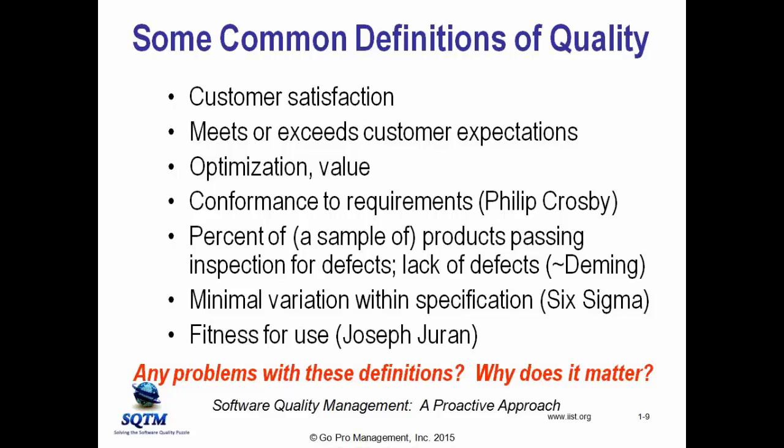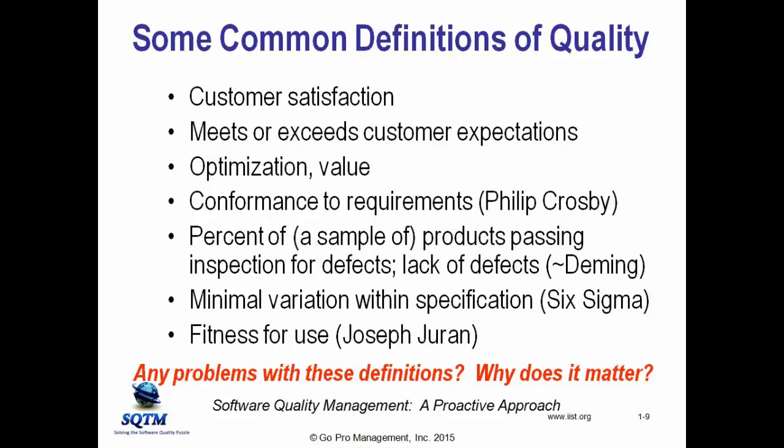So if the uses are not defined appropriately, if the definition of fitness for those uses is not defined appropriately, then you've still got a problem with regard to how you define quality.